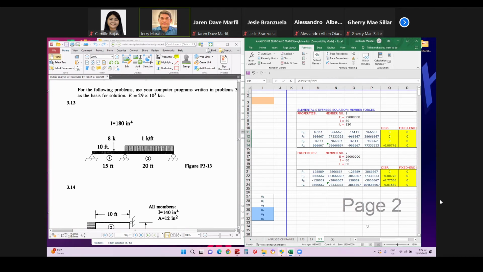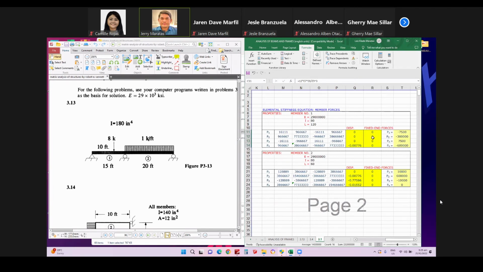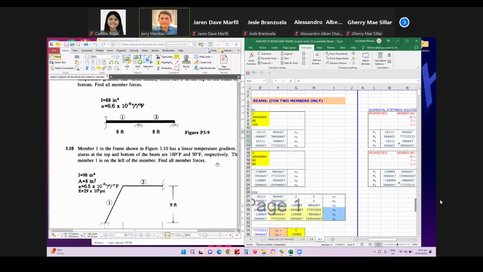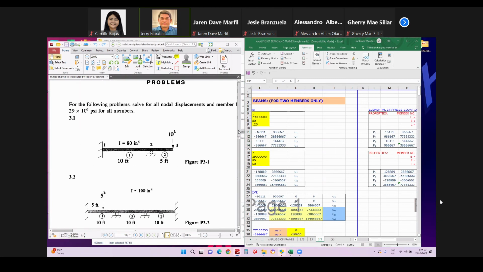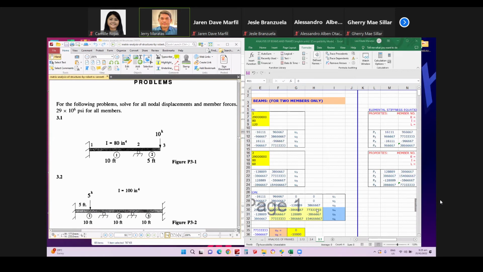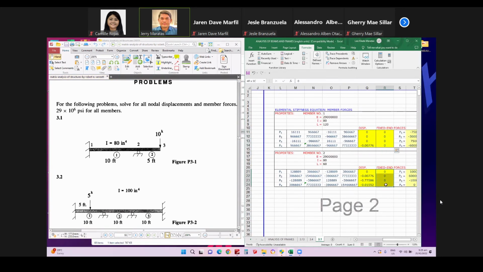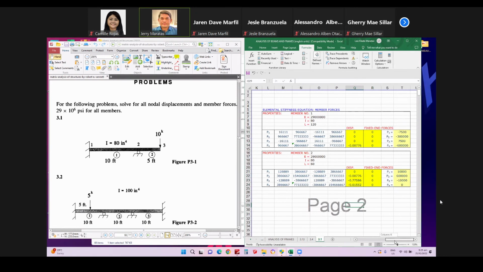Just the fixed end forces. In this case, member 1 has no fixed end forces in 3.1, and here there are also none, so it is zero.